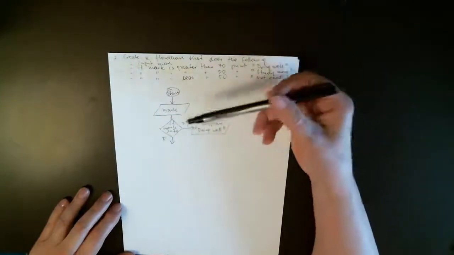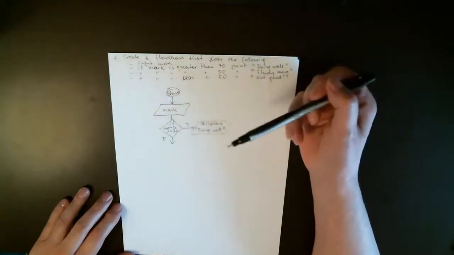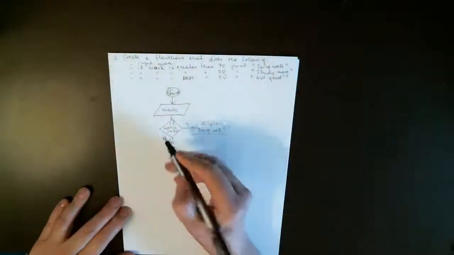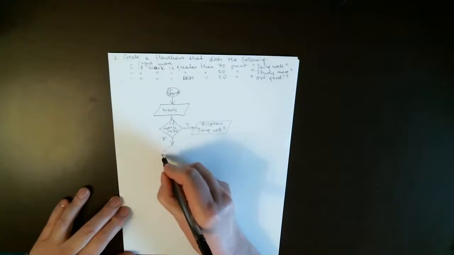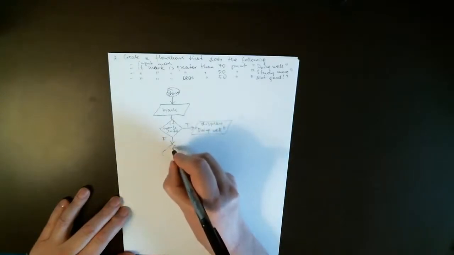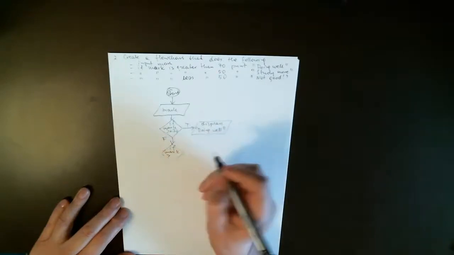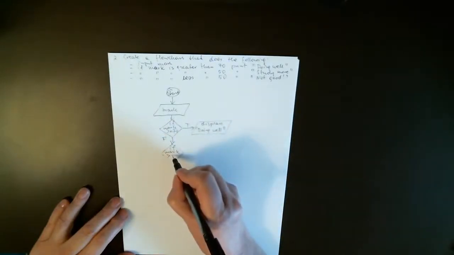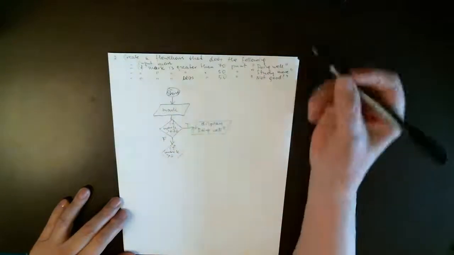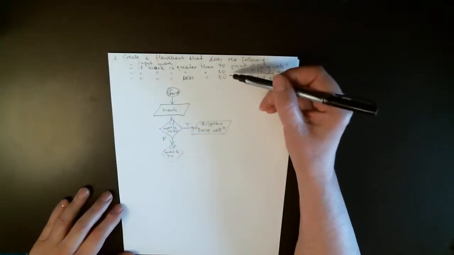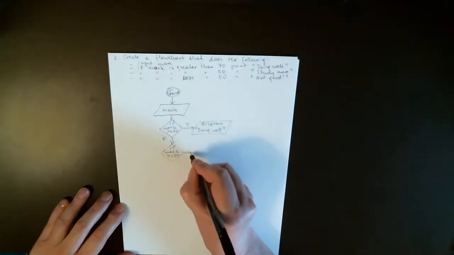Remember, the question has to be logical. For example, can I ask a question if mark is greater than or equal to, well, in this case it will work. If it's greater than or equal to 50, true.